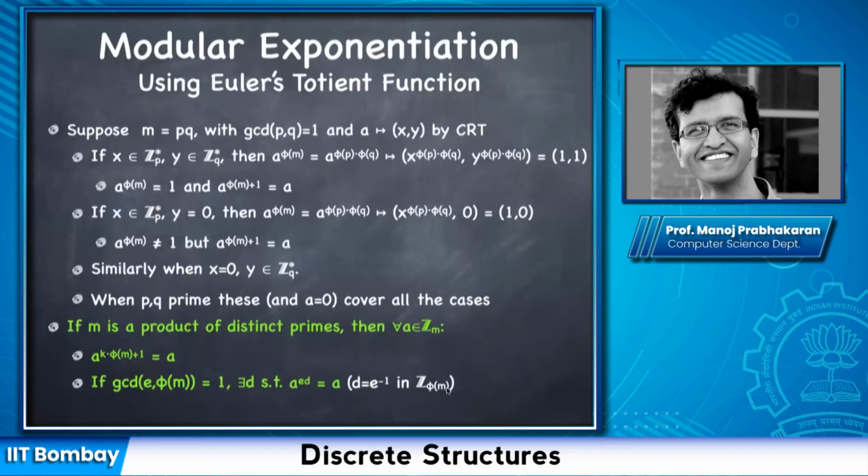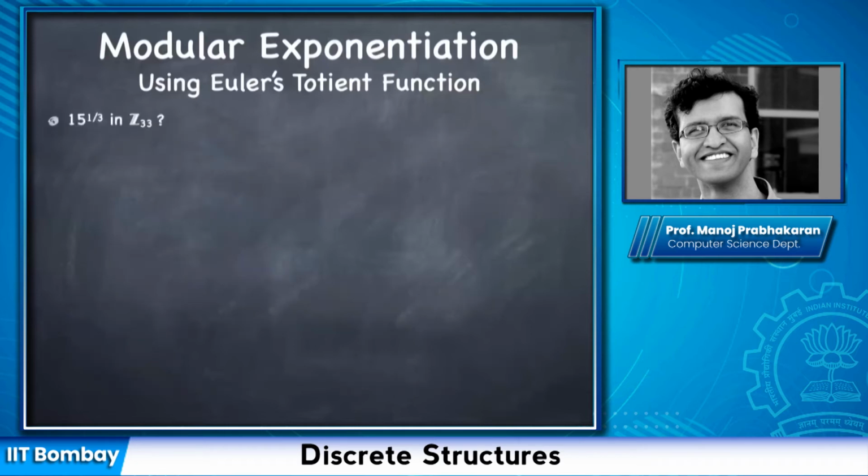The eth root is well defined for all elements in Zm, provided m is a product of distinct primes and e is co-prime with phi m. So here's another example. Is there a cube root of 15 in Z33, right?